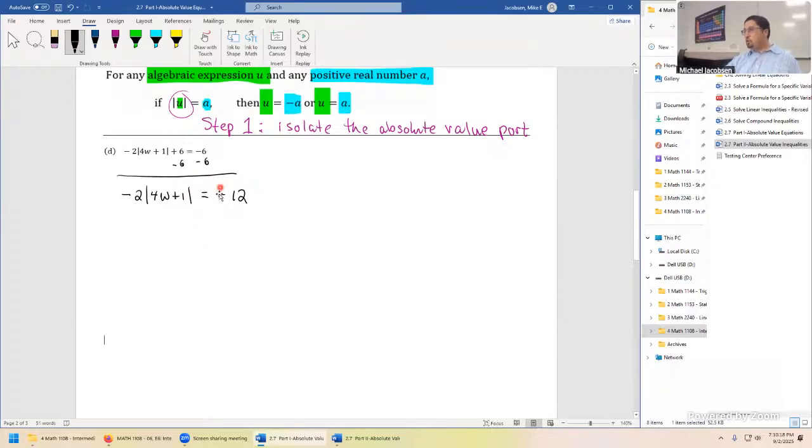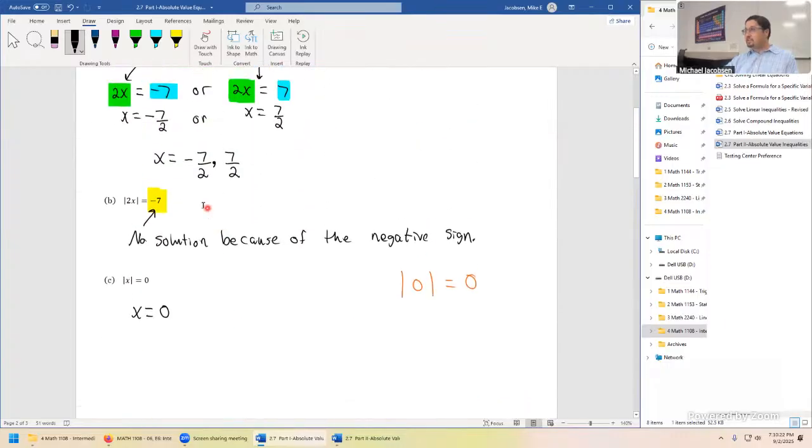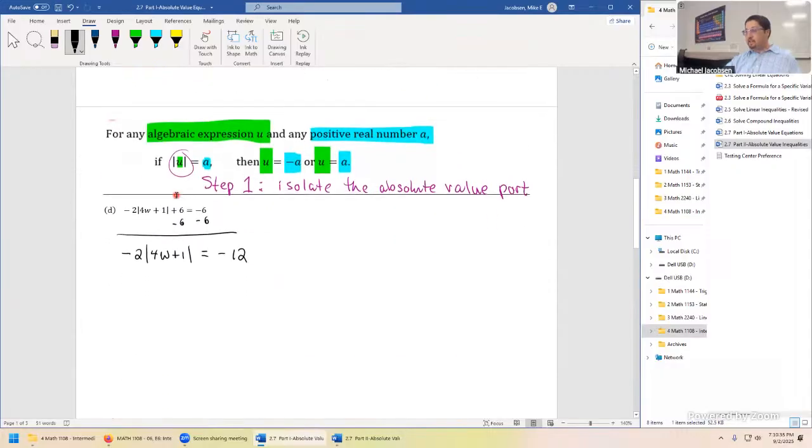And notice we're not worried too much about the negative sign here because it's still not something like this one that had no solution. Here, the absolute value was isolated and we had a negative on the right, so we just got to stop, assert no solution, and our job was done on that one.